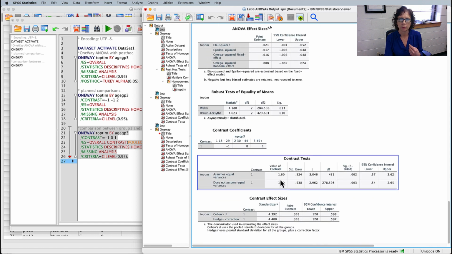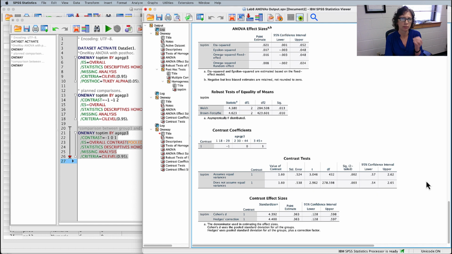So now the mean difference between group 1, the youngest group, and group 3, the oldest group, was 1.6. It's still a significant test at 0.002, but now I have a different t-test stats line. So it's the details that are different.